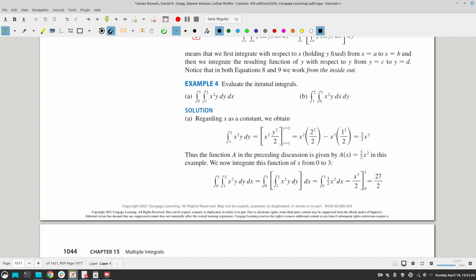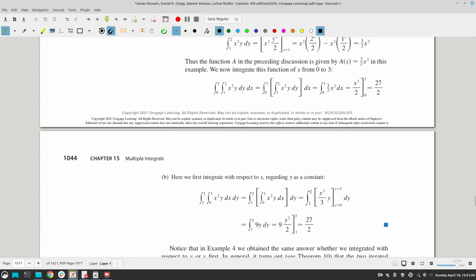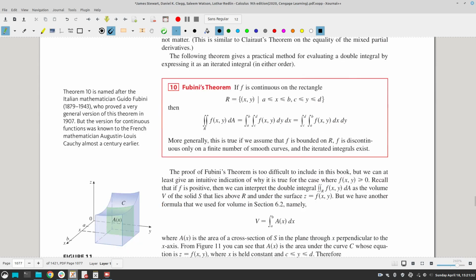I want you to look through example 4. Look at example 4. Now, this is an extremely important theorem in integral calculus. It's called Fubini's theorem. It tells you that it doesn't really matter in what order you evaluate it.